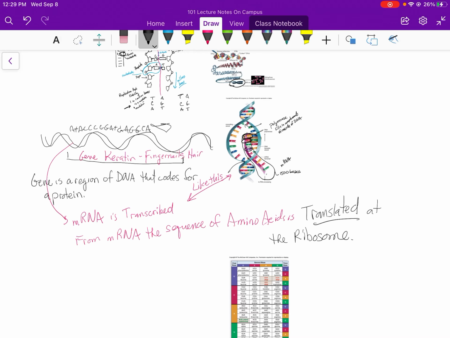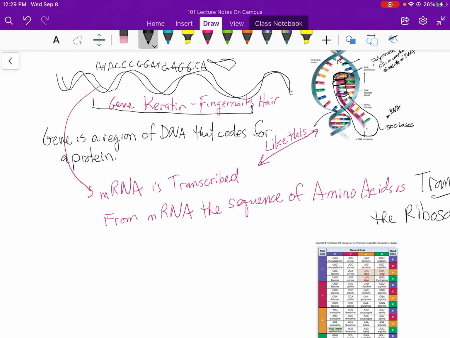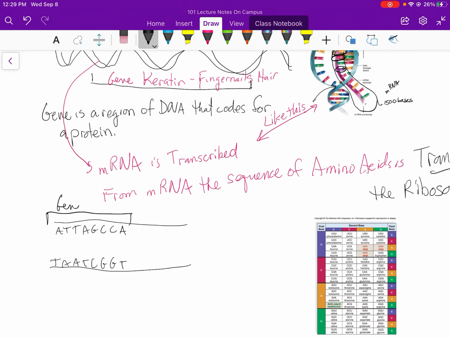So what you should be able to do for this class is take a given strand of DNA that I give you that might look like this, one side and the other side. It might say A, T, T, A, G, C, C, A. And on the other side of the DNA it says T, A, T, C, G, G, T, and you might have to fill that in. And then I might say this is a gene, and I'd say what would be the mRNA strand? What would it look like?